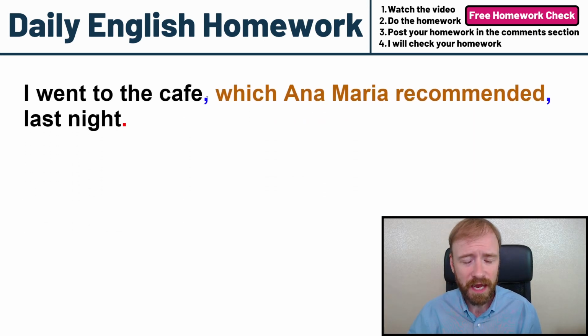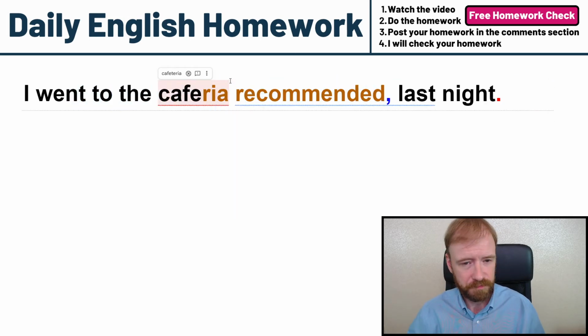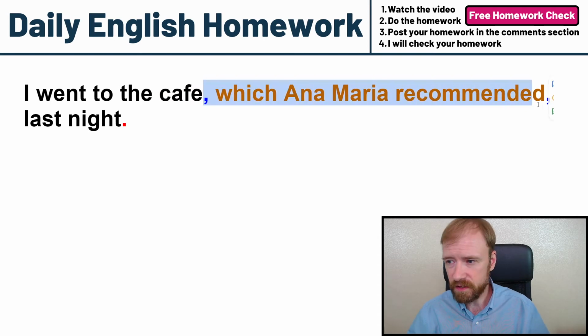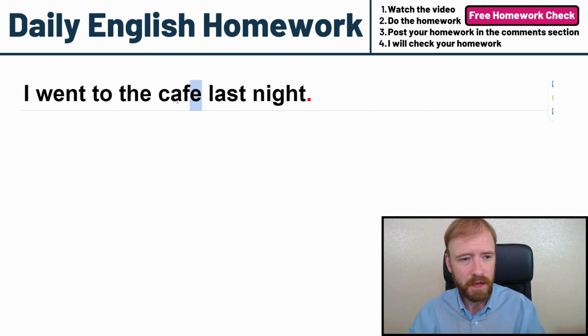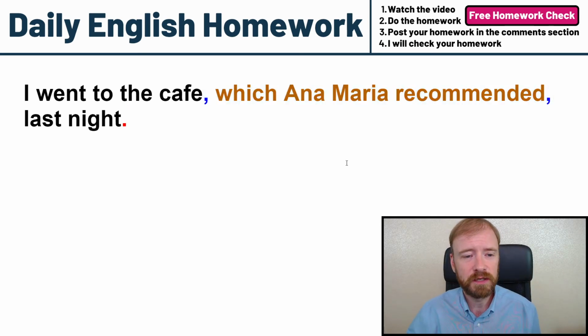I went to the cafe which Anna Maria recommended last night. Which, if you see a which, there's probably going to be a comma. So yeah, my friend Anna Maria recommended this cafe. So did I do this correctly? I went, oops. If I take this out, I went to the cafe last night. That sentence is correct. I added this extra information.